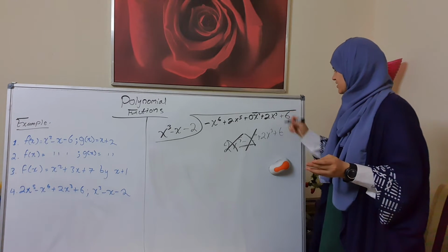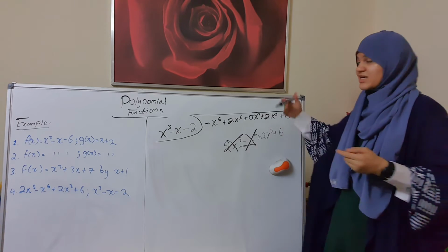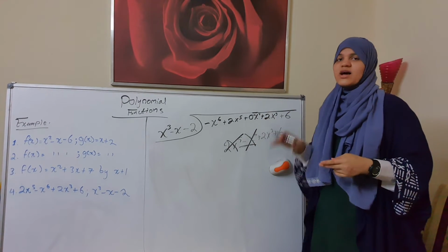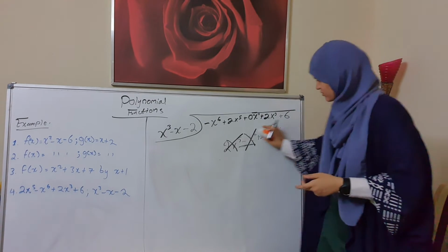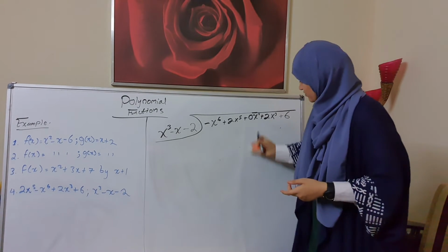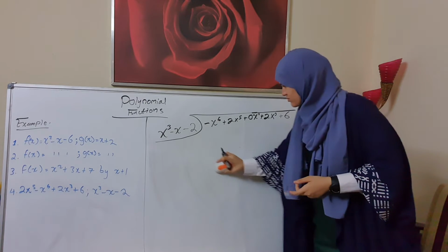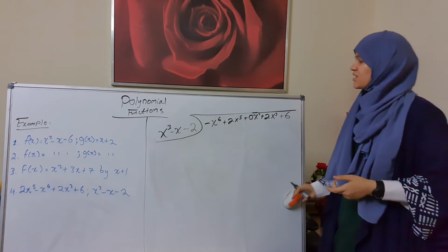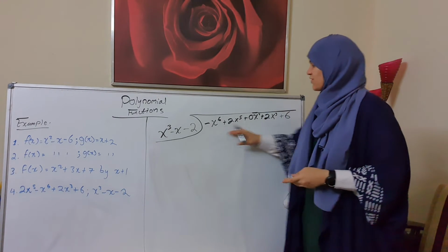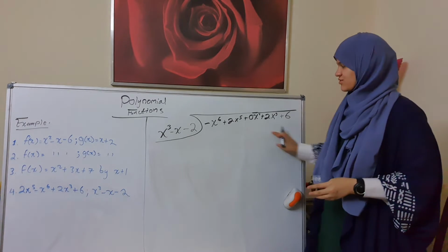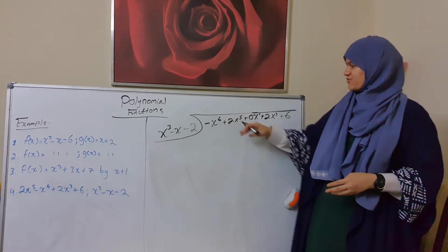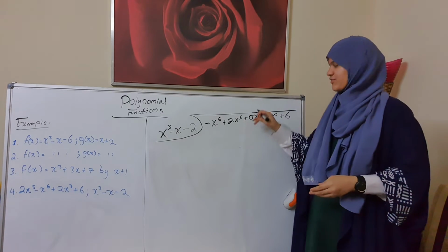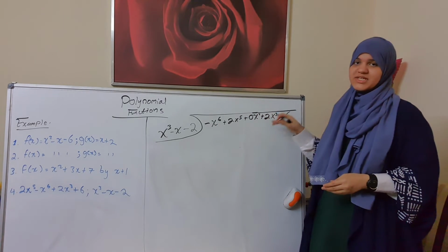And then when we are dividing, I can add 0. Now here what we have is a long function, right? We have negative x to the power of 6 plus 2x to the power of 5 plus 0x to the power of 4 plus 2x to the power of 3 plus 6.